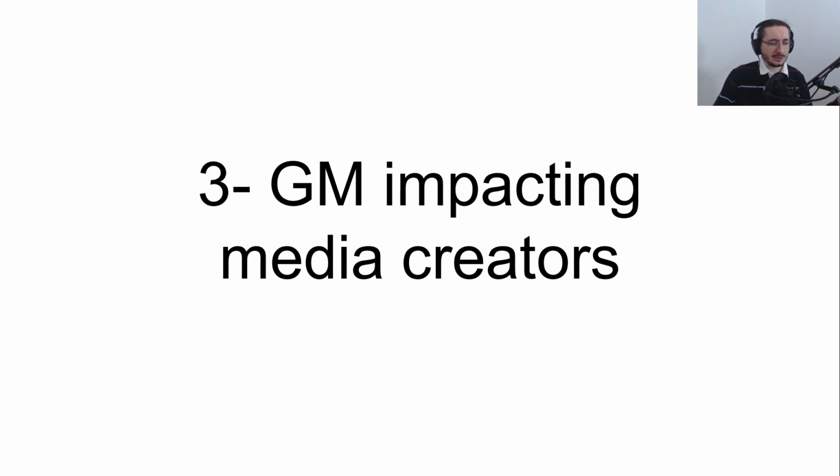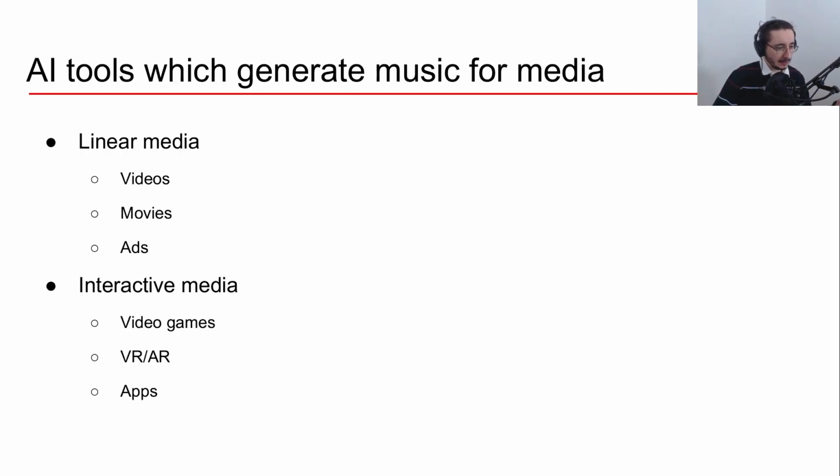Now, let's move on to the third and final actor here in this AI music revolution. So this is the case where generative music is impacting media creators or media more in general. In this case, we are talking about AI tools which generate music for media, and these AI tools can be used by media creators to actually generate music for their content.